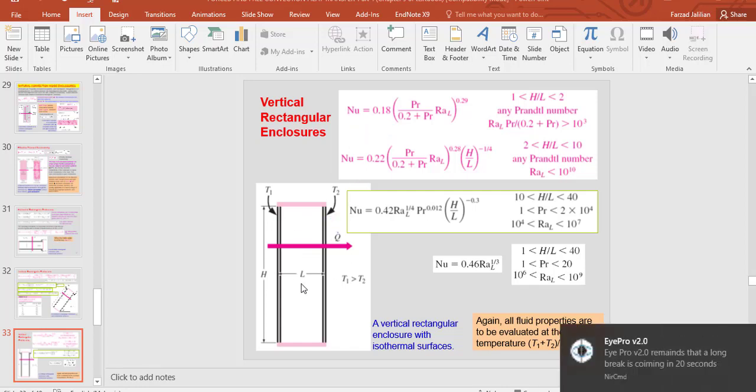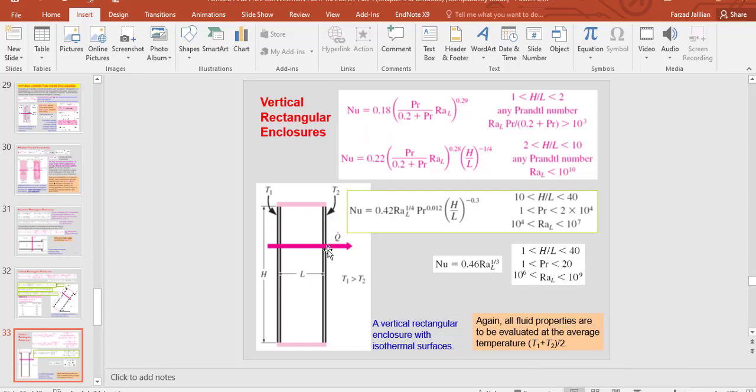So for the Nusselt number for this enclosure, which is a vertical rectangular enclosure actually, we should use this equation, which is also valid when the aspect ratio H divided by L is between 1 and 2, and for any Prandtl number actually.